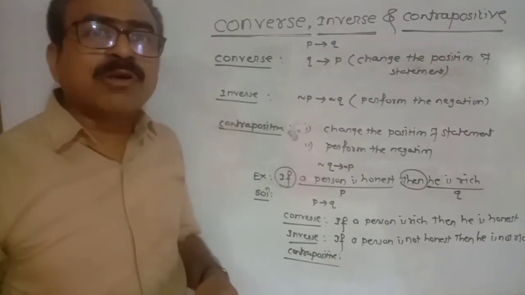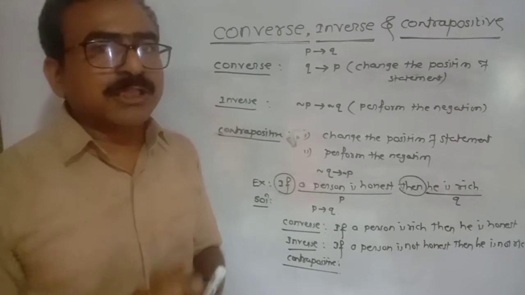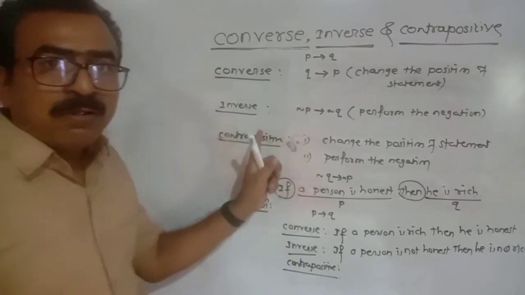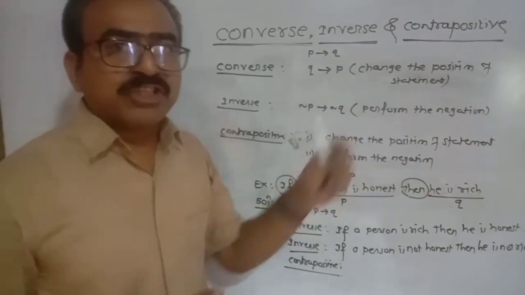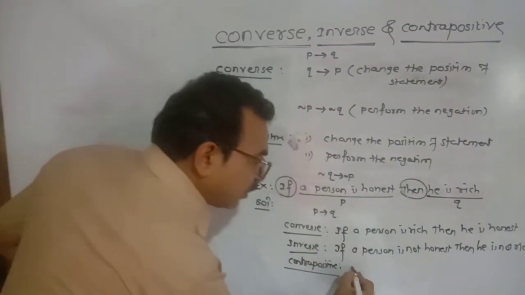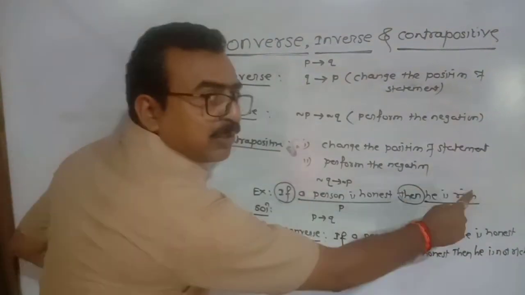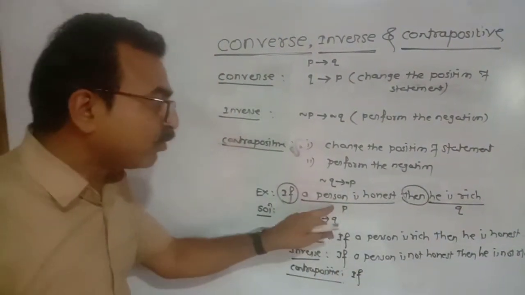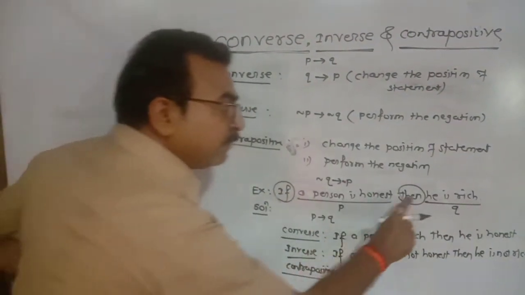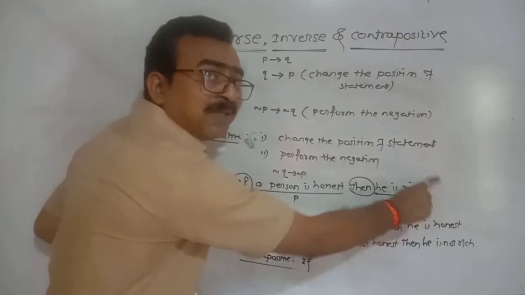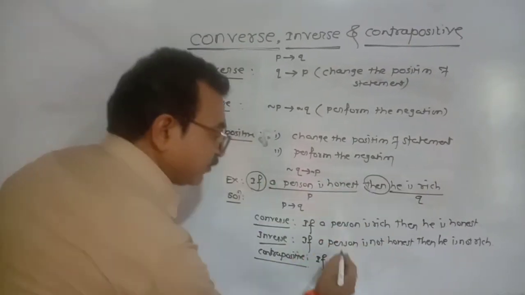Now the contrapositive. While finding the contrapositive statement of any conditional statement, you have to remember two things. Number one, change the position, and number two, perform the negation. So its contrapositive becomes: if you change the position of these two statements, in place of P write Q, and in place of Q write P. If he is rich, means a person is rich, its negation becomes a person is not rich.